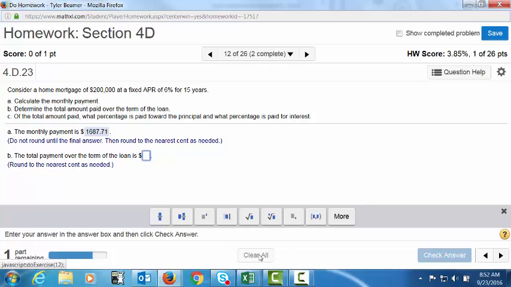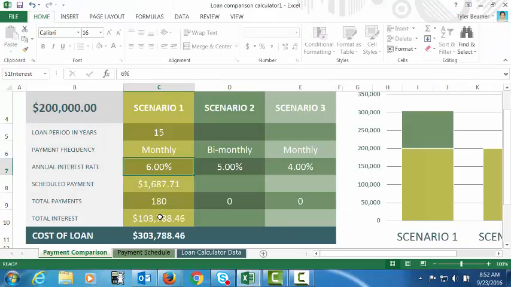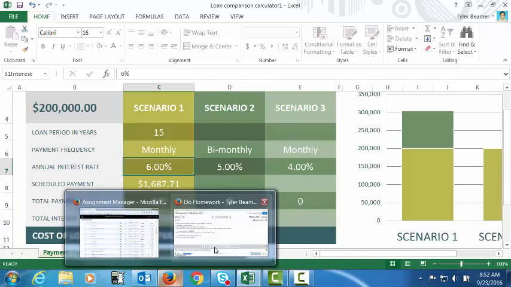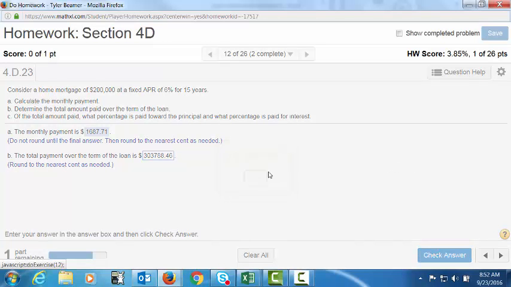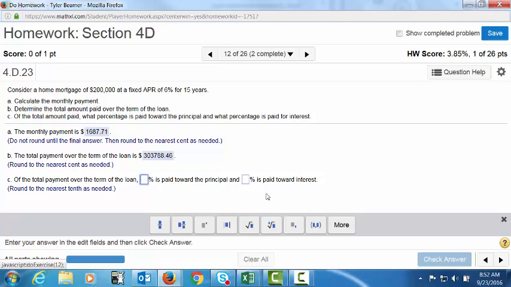Total payment over the term of the loan. So that is the cost of the loan. So $303,788.46. And then the percent in principal and interest.